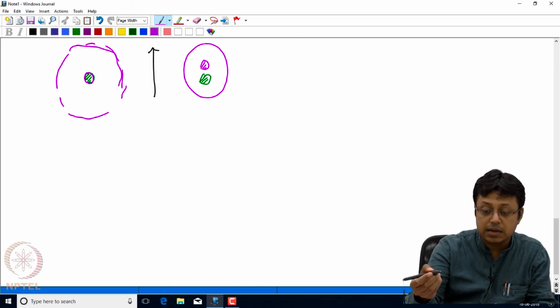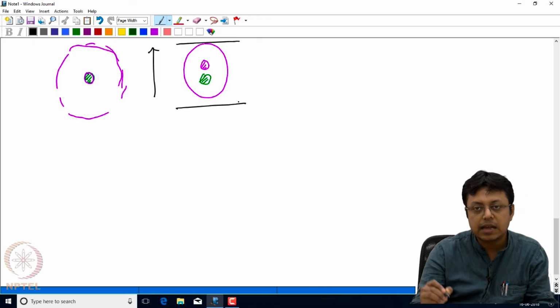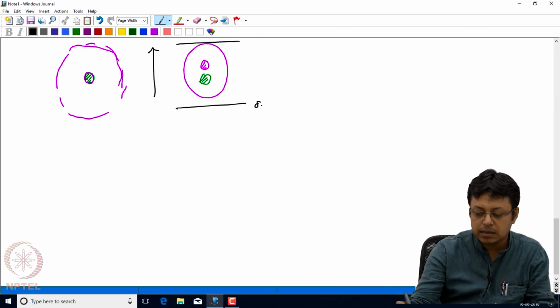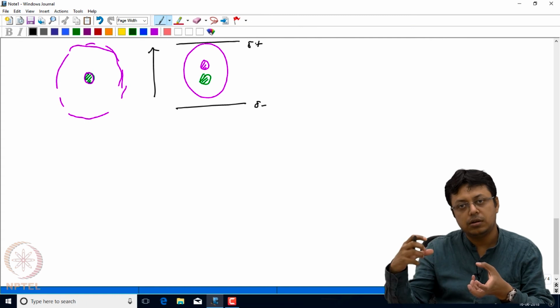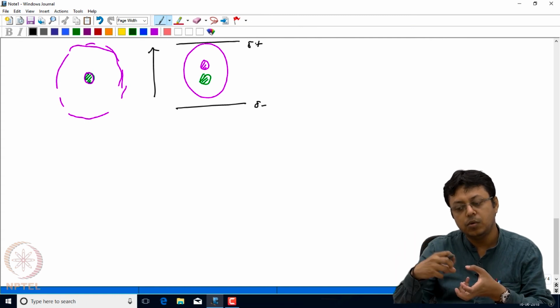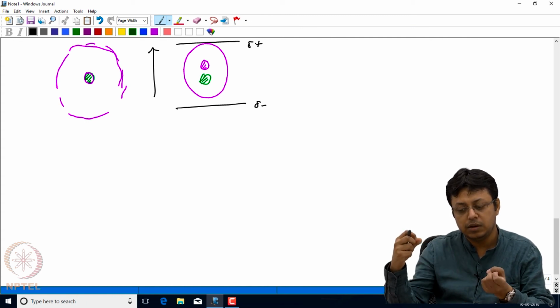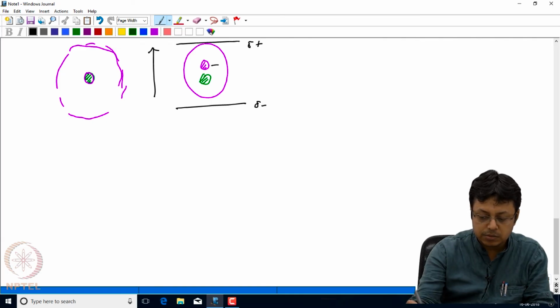Suppose I put the hydrogen atom inside a capacitor, where this is the negative end and this is the positive end. The capacitor will try to distort the electron cloud, pulling the electron cloud and also the nuclei, and I will get a small separation and create a dipole.